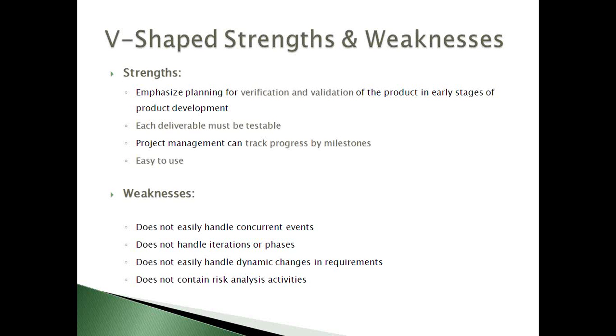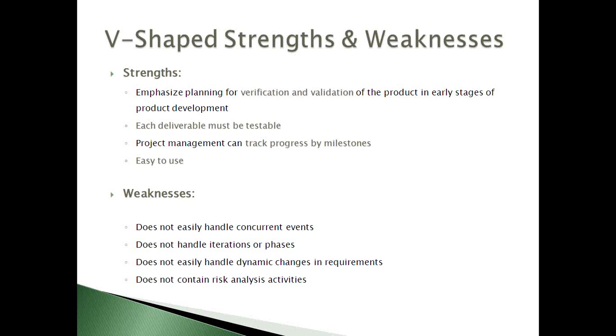And then what are the weaknesses or the disadvantages of this V-shape? It does not handle concurrent events. Concurrent events in the sense that we are not able to work on two different phases at once.